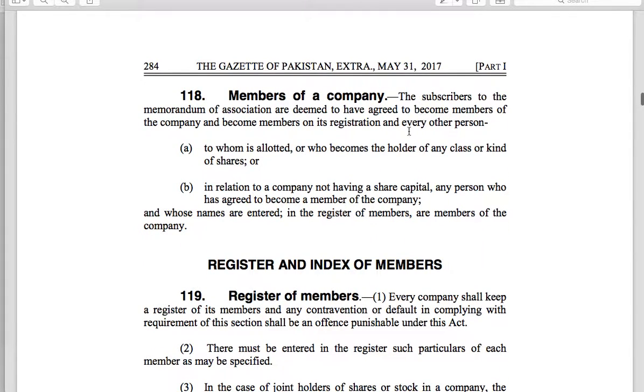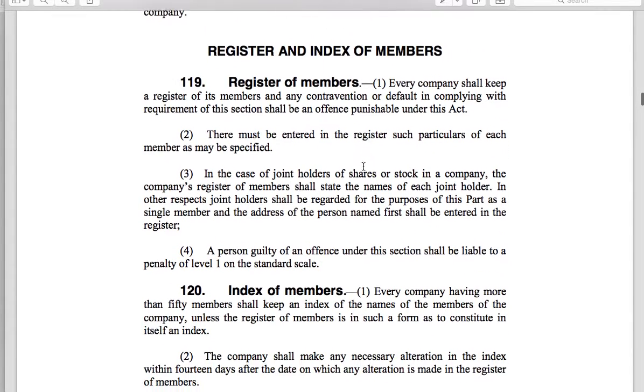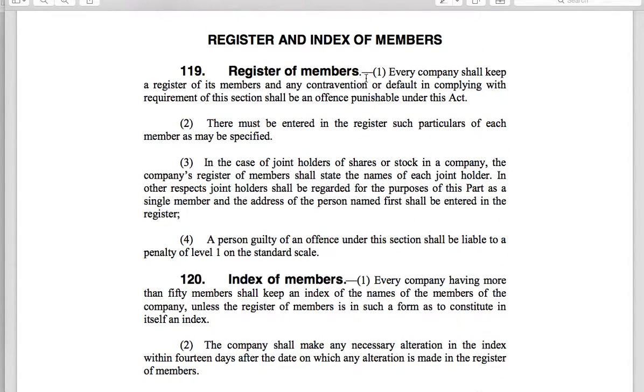Now, this section defines who is a member. Everyone who is a promoter, starter, a subscriber of the Memorandum of Association. That means that if your name is in the Memorandum of Association at the start of the company, you become a member. And then there are other ways: you get allotted shares or you get the capital. Then there is a register and index of members.